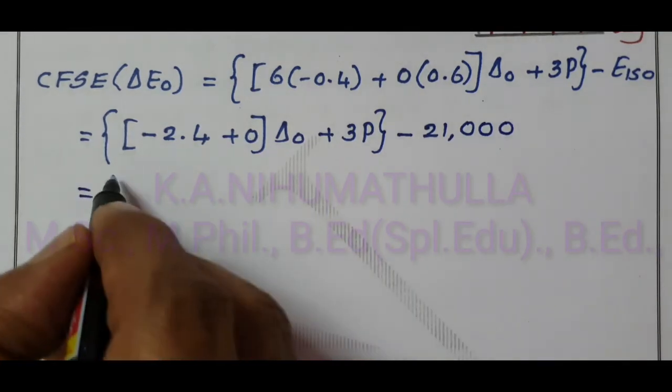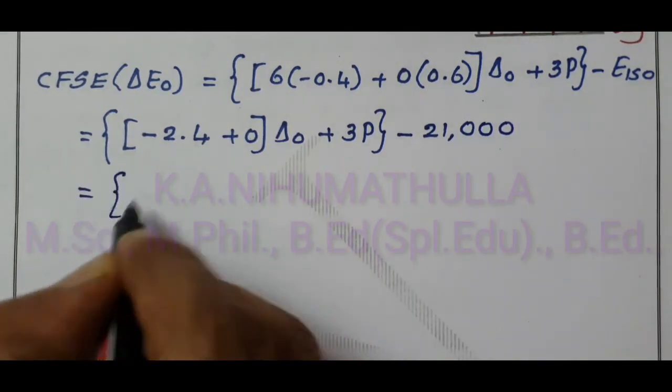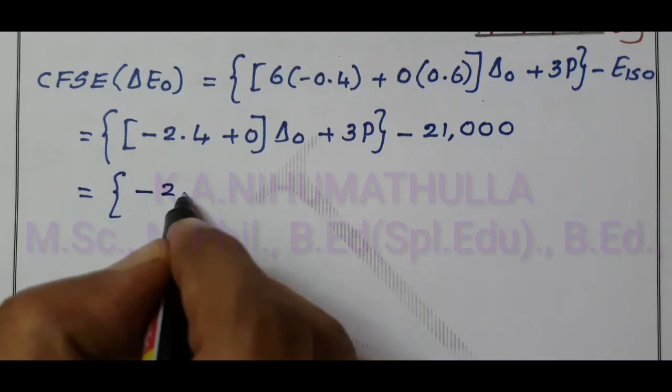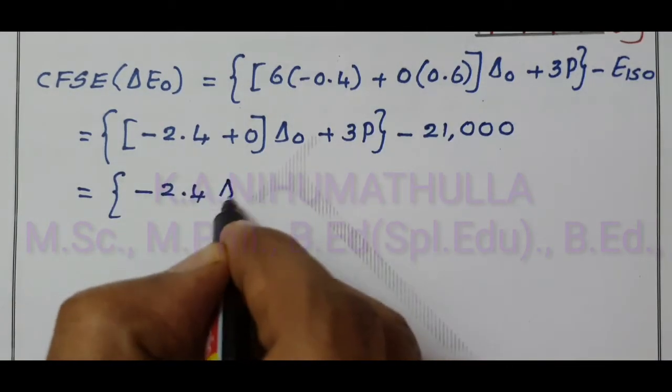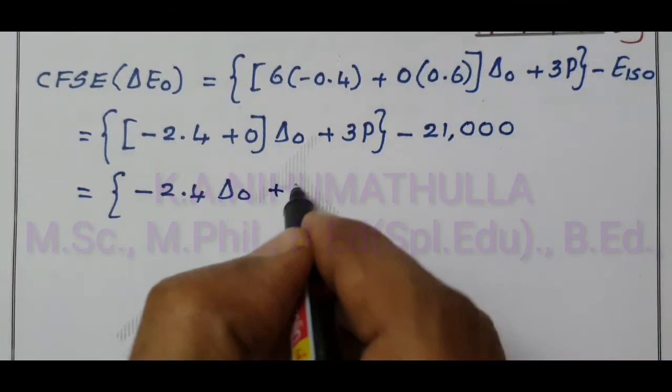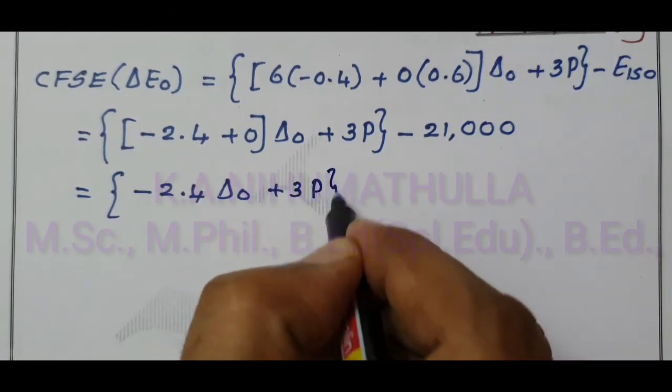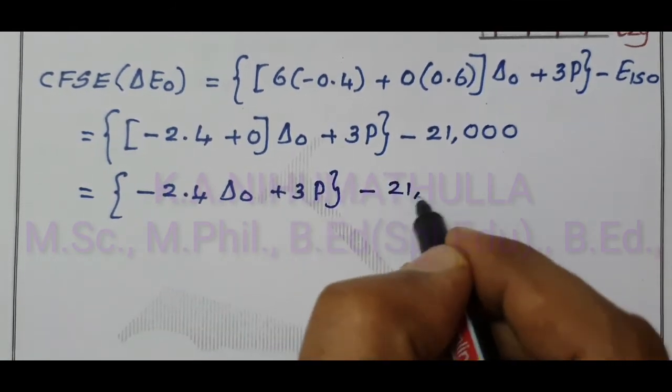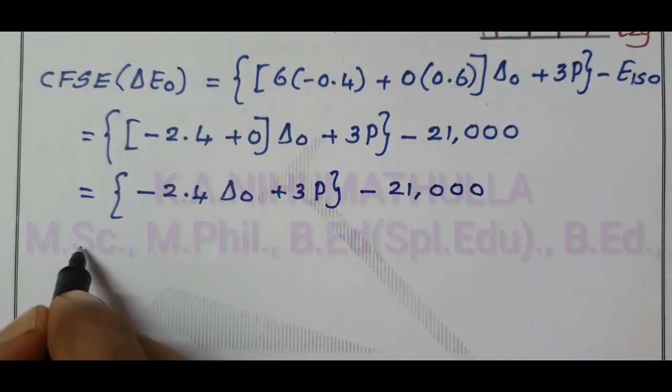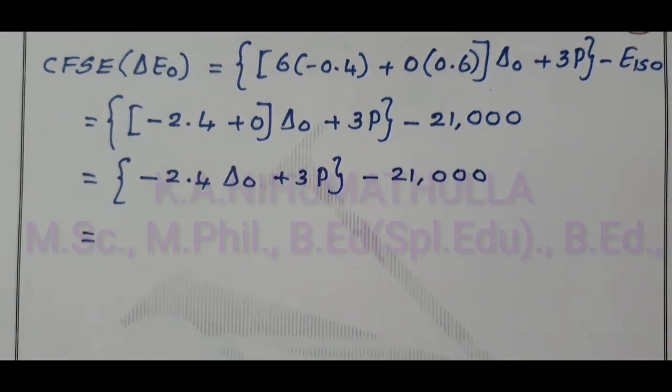Equal to, now minus 2.4 and delta O plus 3P minus 21,000. Substitute all the values.